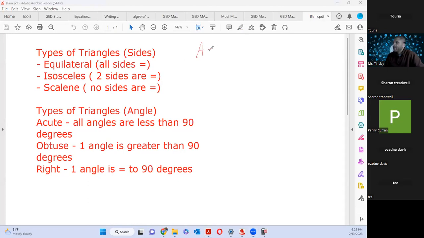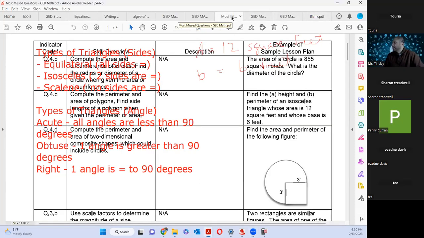So always identify what you know. Okay. The base is 6 feet, right? And they want to find, what did they want to find? I forgot that quick. They want to find the height and the perimeter.